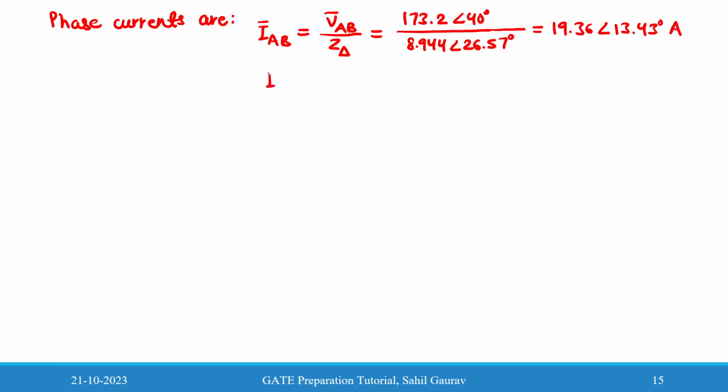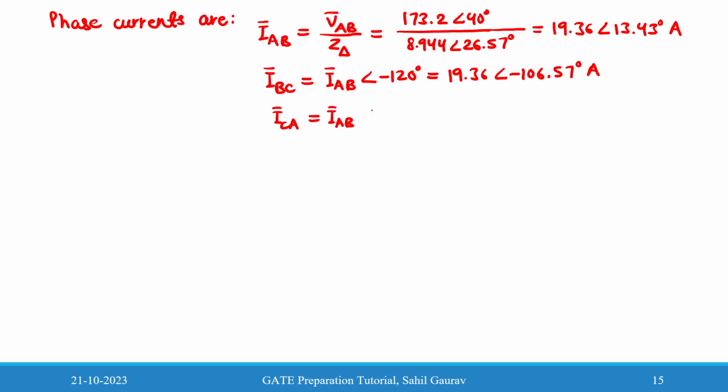Similarly, this will be balanced in nature. So IBC you can write as IAB at the angle of minus 120 degree. So it will be 19.36 at the angle of minus 106.57 ampere, and ICA will lead the IAB current by 120 degree. So it will be 19.36 at the angle of 133.43 ampere.